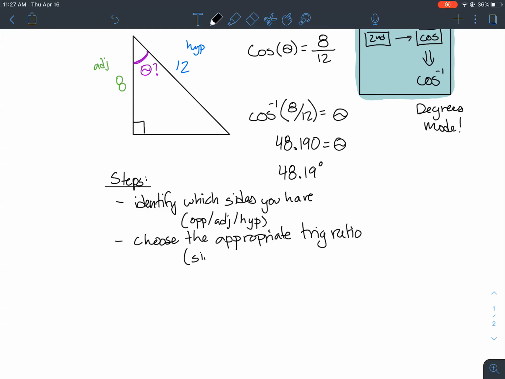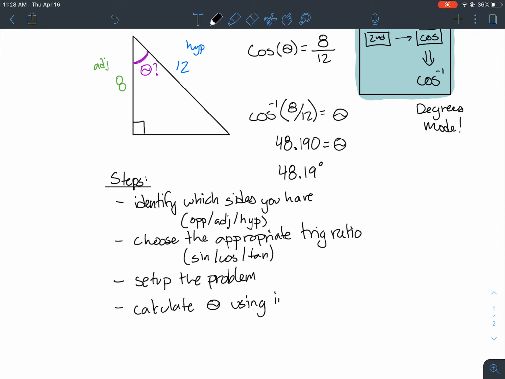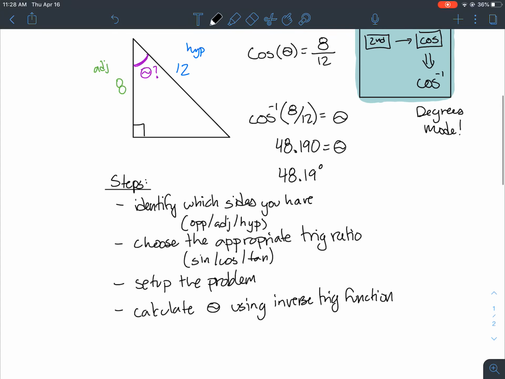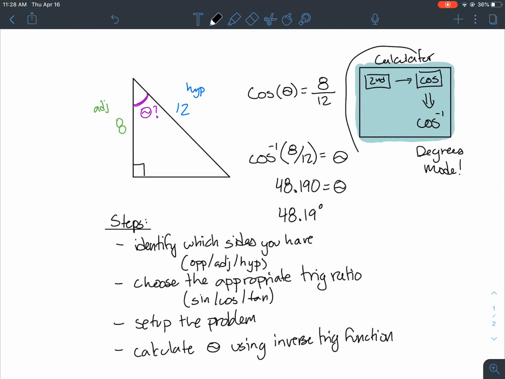So are we going to be using sine, cosine, or tangent? And then we set up the problem. And the last thing is to calculate theta using the inverse trig function. And again, that is on the calculator. It's that second cosine or whatever trig ratio you're using.